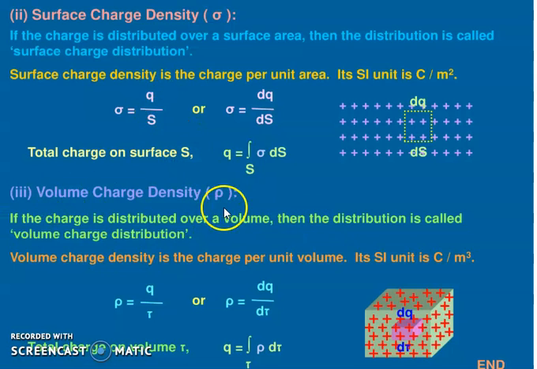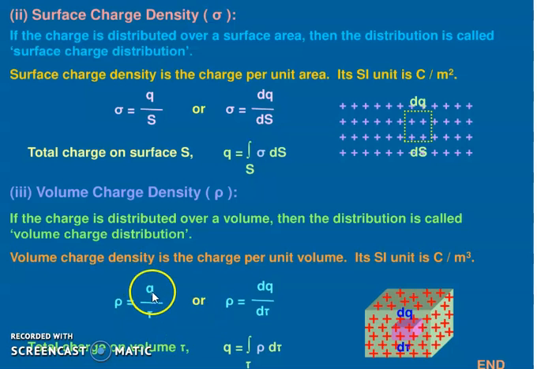Next, volume charge density. Volume charge density is denoted by rho. If the charges are distributed throughout the volume of a conductor, or any body, then this is called volume charge distribution, if they are closely spaced like this. So therefore we calculate the volume charge density. Volume charge density rho is equal to charge per unit volume.